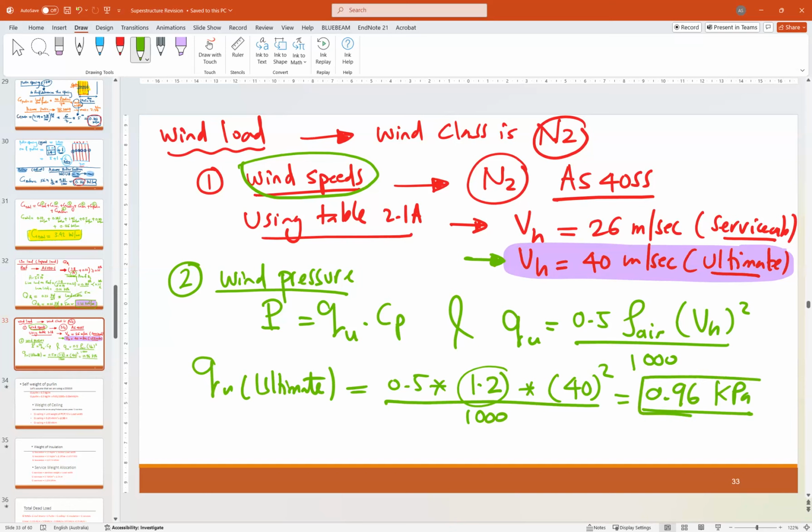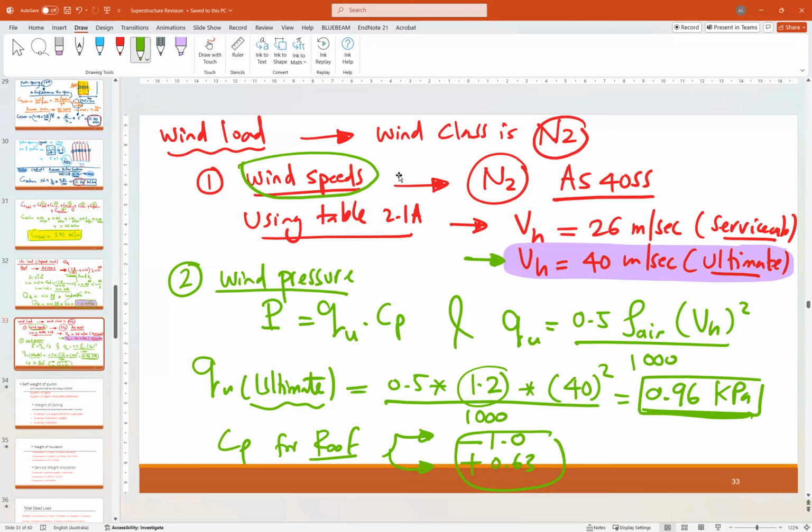So this is the value for ultimate wind QU. Then CB for roof equal to -1 and positive 0.63. Where do these two values come from?